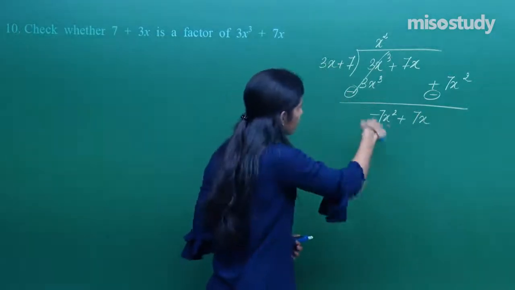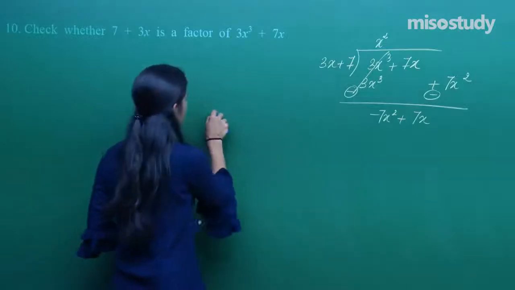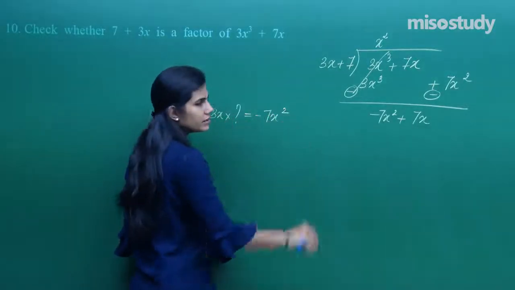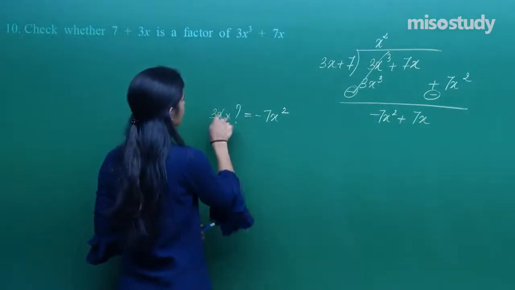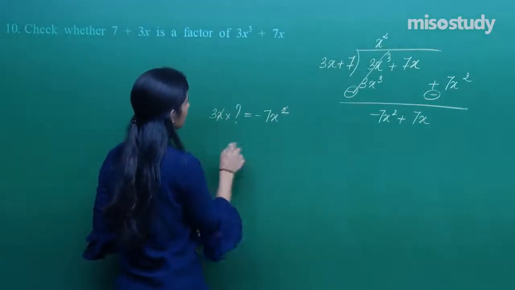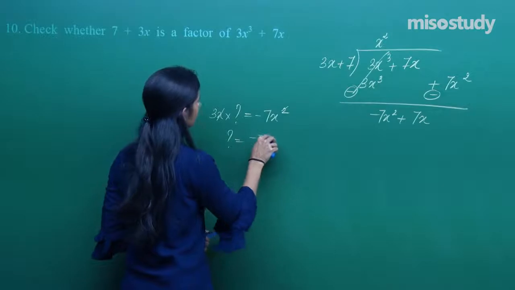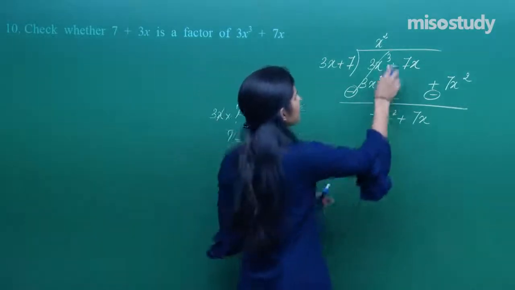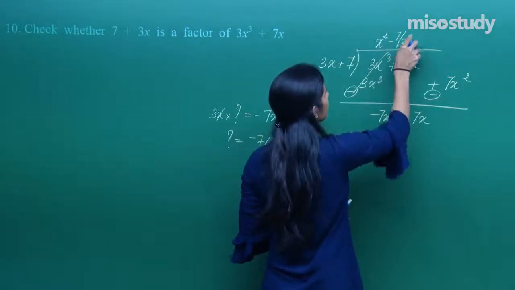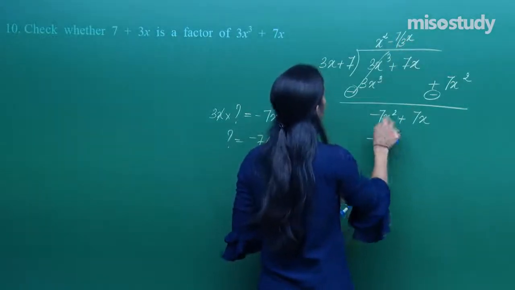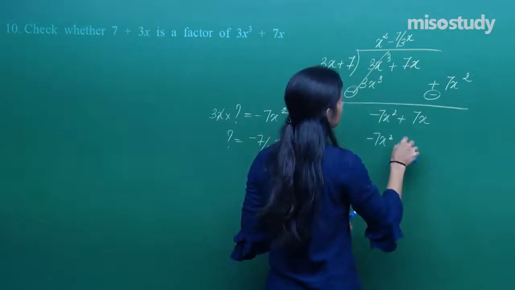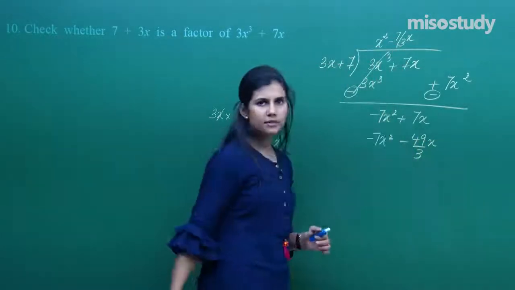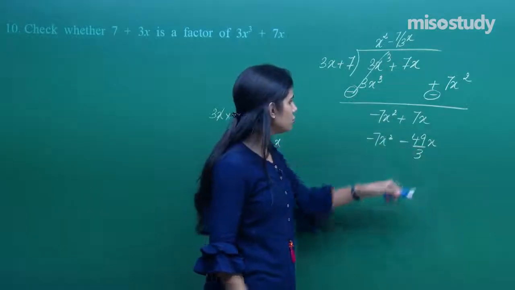Now 3x into what will give me minus 7x square? So you can see x cancels out, 3 goes there, the question mark comes out to be minus 7 by 3x. So 3x should be multiplied with minus 7 by 3x to get minus 7x square, and 7 into this gives you minus 49 by 3x. 7 into minus 7 by 3 is minus 49 by 3 into x.